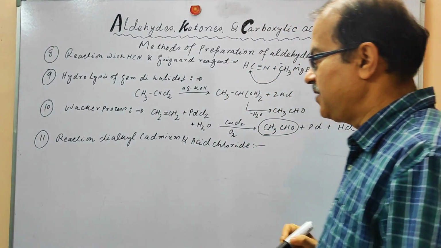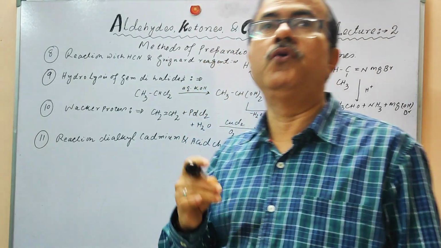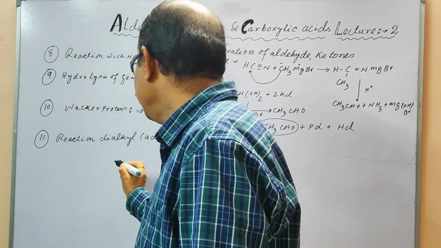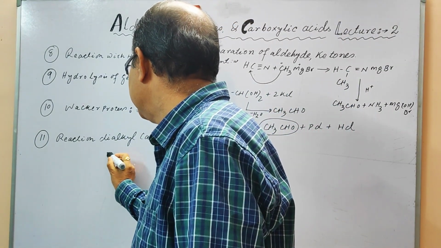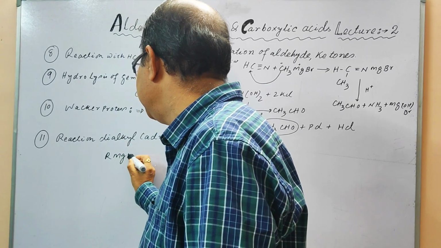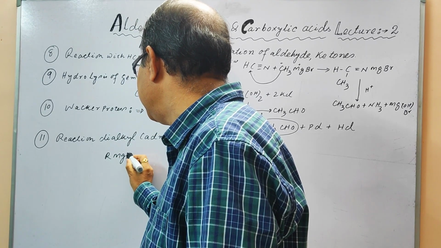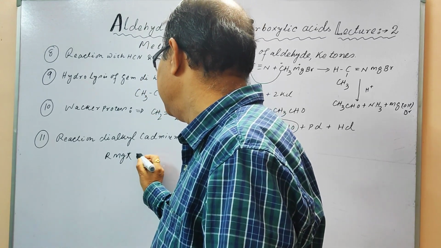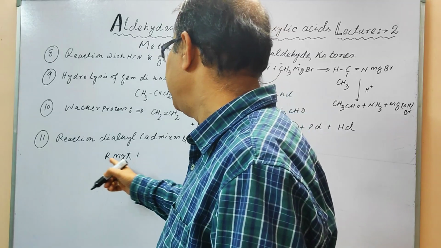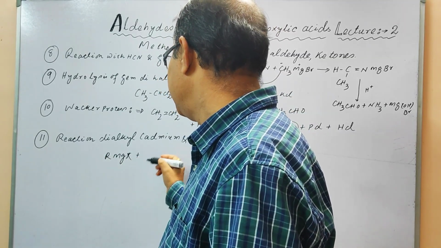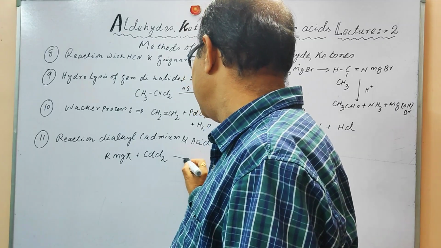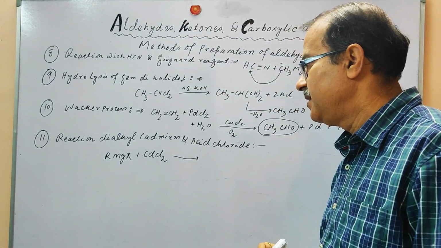First, in this process, we have to know how we can produce this dialkyl cadmium. Dialkyl cadmium is produced from the Grignard reagent, treating the Grignard reagent RMgX, where X is the halogen, it can be anything, with cadmium chloride. Right?